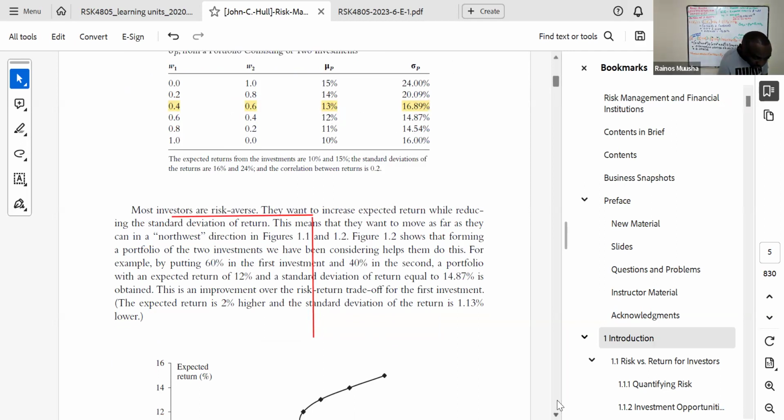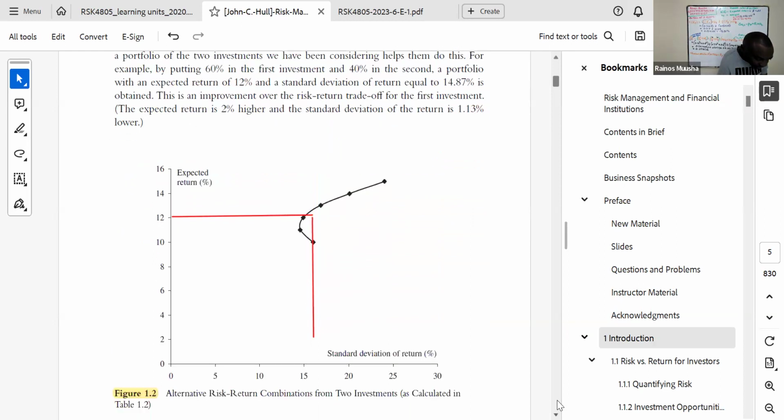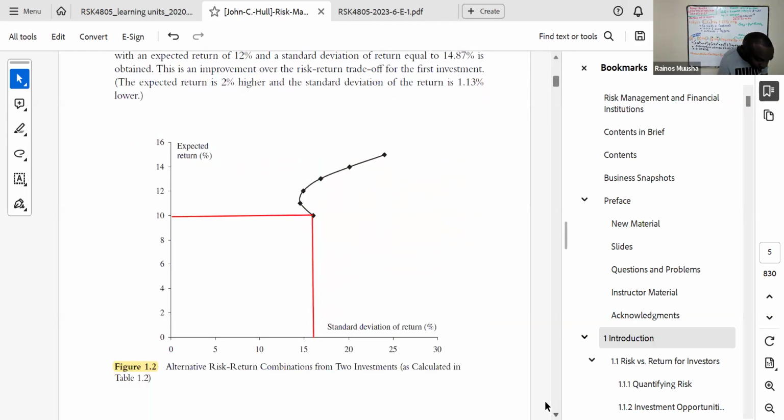So if you go back to this, for an expected return of 10%, the corresponding standard deviation is 16%, like that. Do you see that they are now plotting this information on a graph? Are we on the same page?